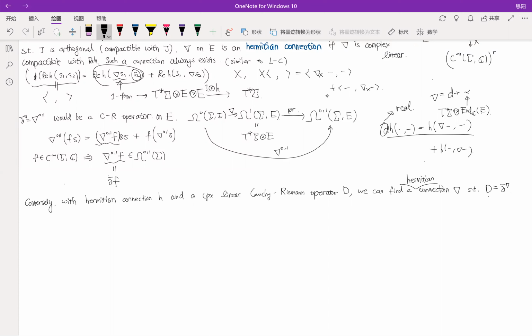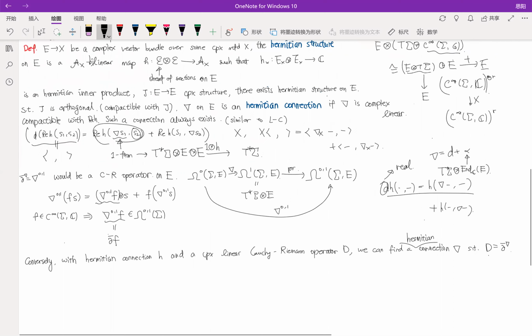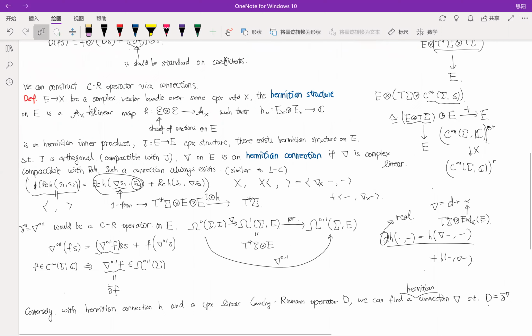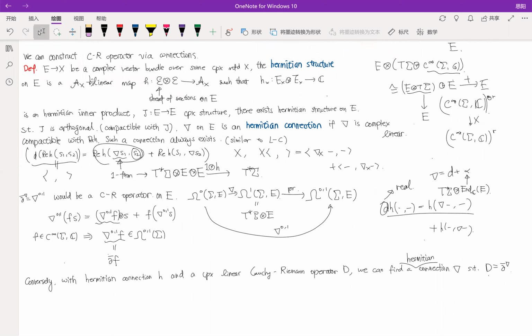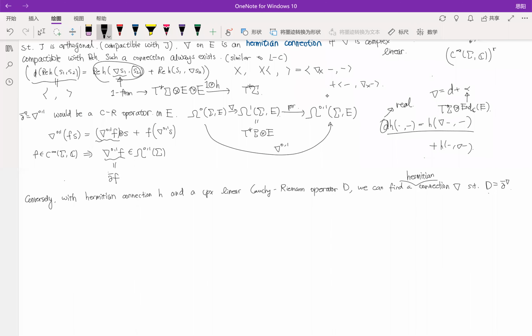So we do not lose any information by associating to a Hermitian connection on the vector bundle, because all complex linear Cauchy-Riemann operators come from such a connection.